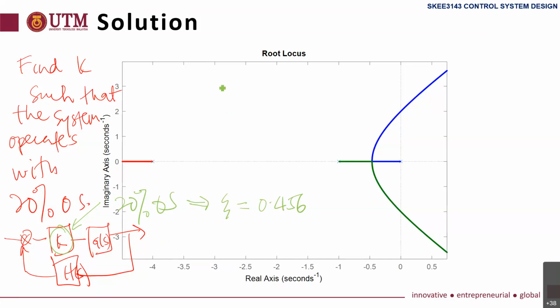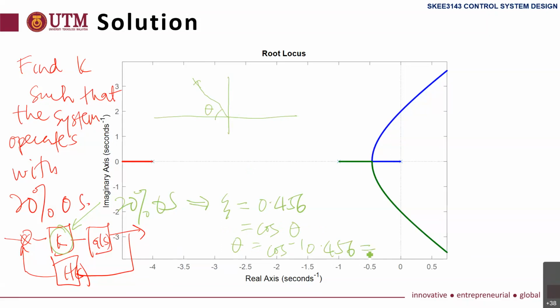I mentioned just now that zeta is actually cos theta. That means theta we can get by taking cos inverse 0.456.